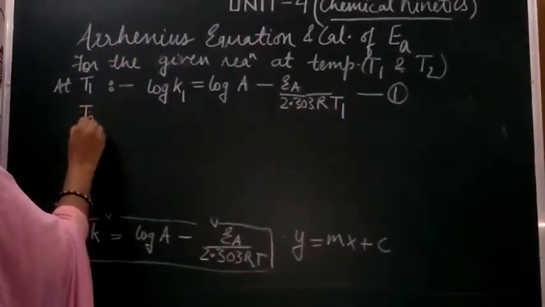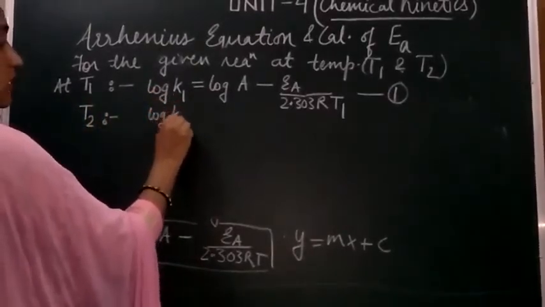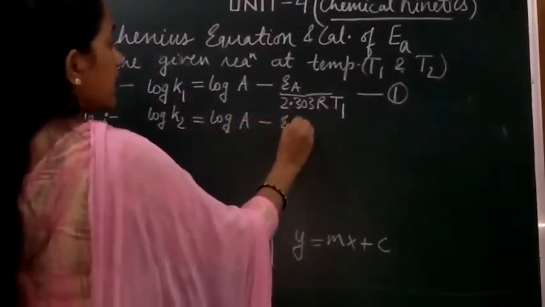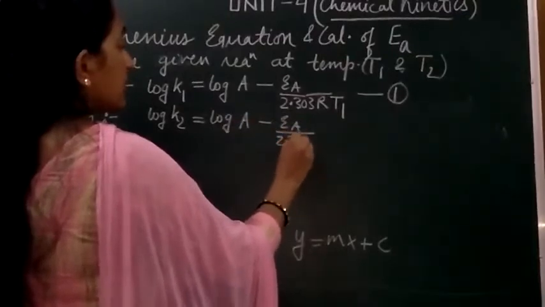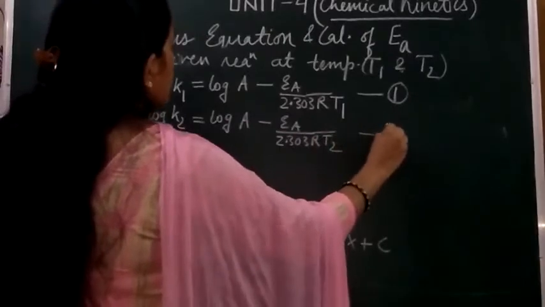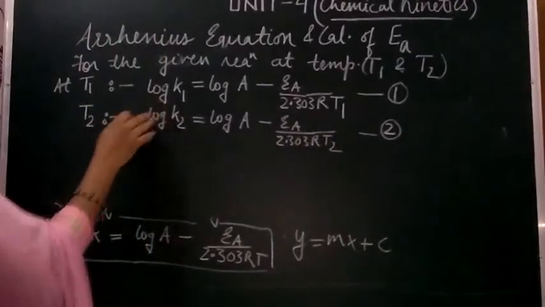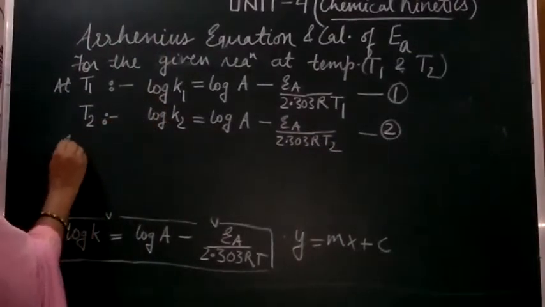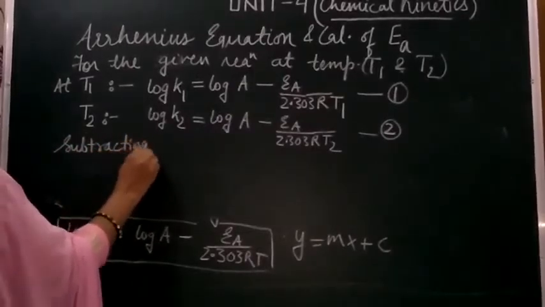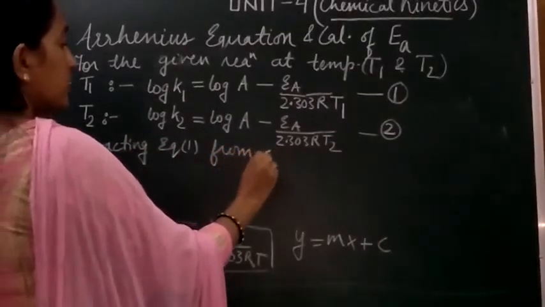Now similarly at T2 temperature, we will have log k2 equals log A minus Ea upon 2.303 R T2. This will be equation 2. Now here we are going to subtract equation 1 from equation 2.